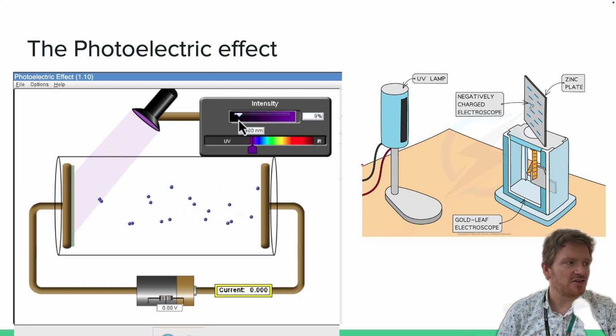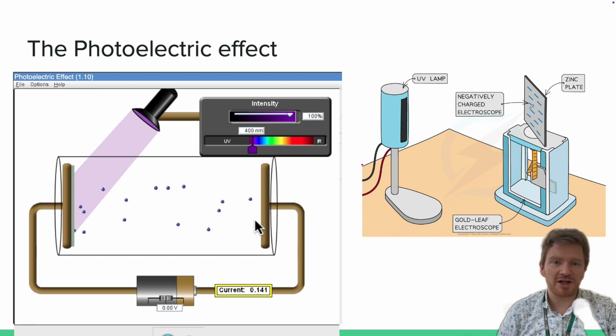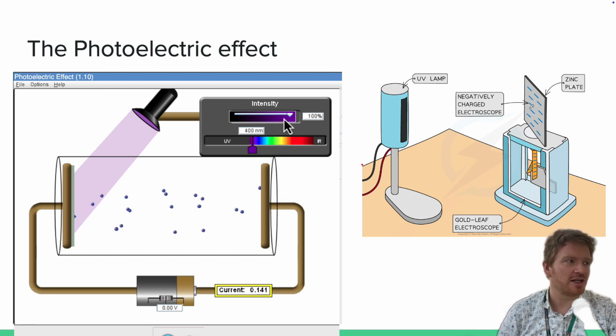And if I turn the intensity right down, again you get fewer electrons. But the strange thing is, you don't seem to change the speed of these electrons. If I increase it, we get some electrons going quickly, some going slowly, but the intensity doesn't seem to have any effect on that.